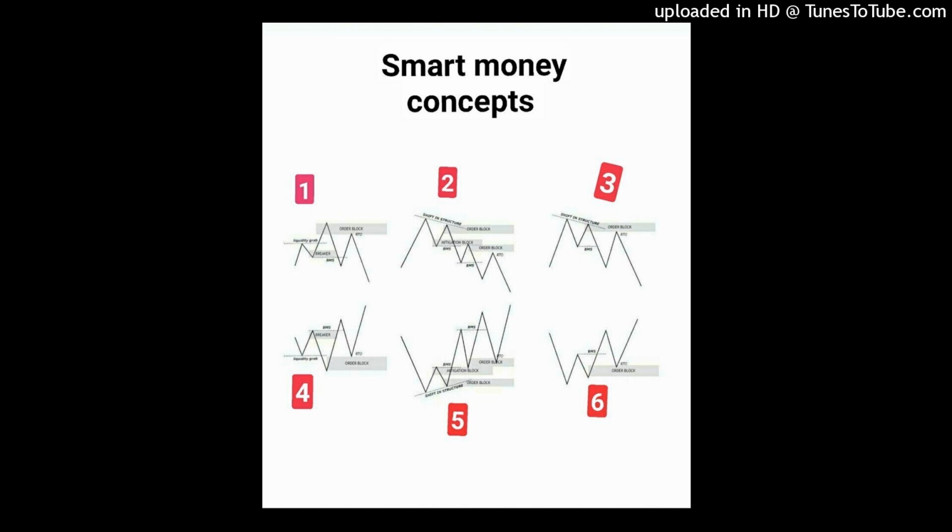Obviously we've got our POI here because it's broken structure. Obviously this is an LG on the higher time frame. Say this is a 4 hour. If it's going straight off the 4 hour, you've got your entry here, but your safer entry is going to be here.